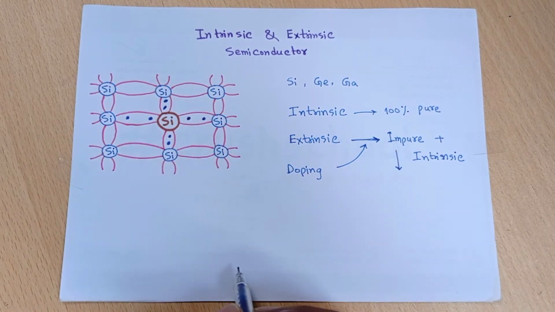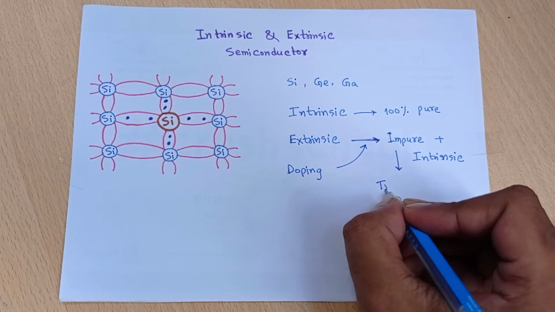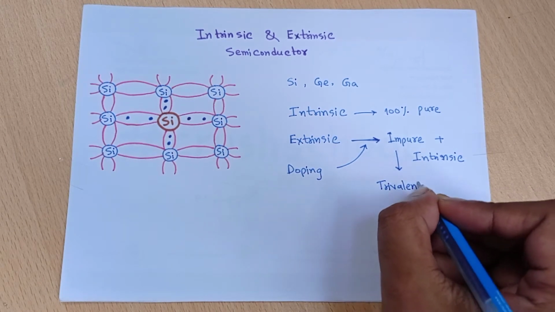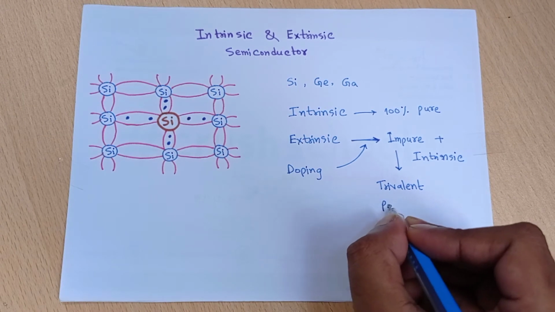We cannot add any material that is not available in our environment, or add any type of material by our wishes. So we can only use two types of impure material. The first one is the trivalent material or atom, and the second one is the pentavalent.